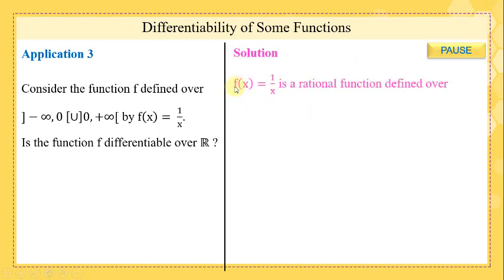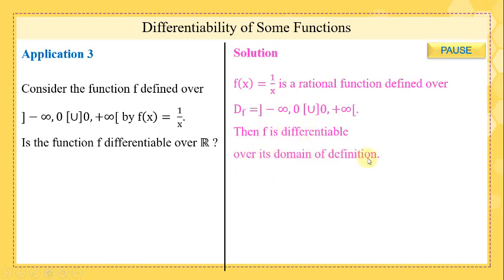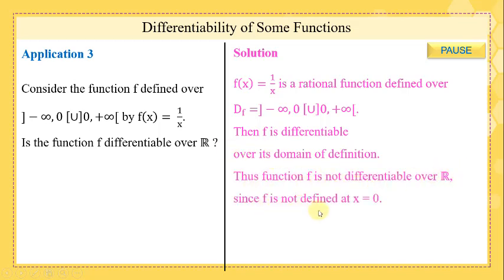Okay. f of x equal 1 over x is a rational function defined over its domain. Now we can say this function f is differentiable, but it is differentiable over its domain. So this function is not differentiable over set R because simply it is not defined at x equals 0.